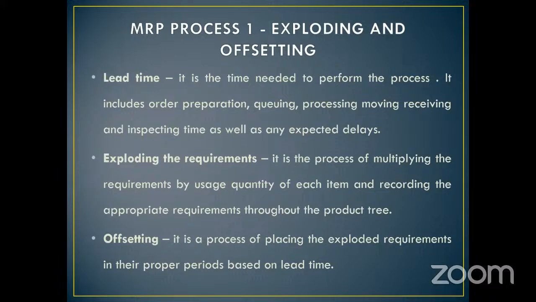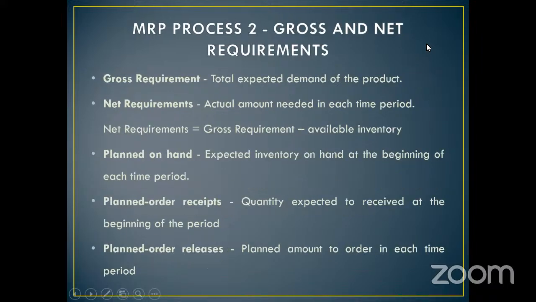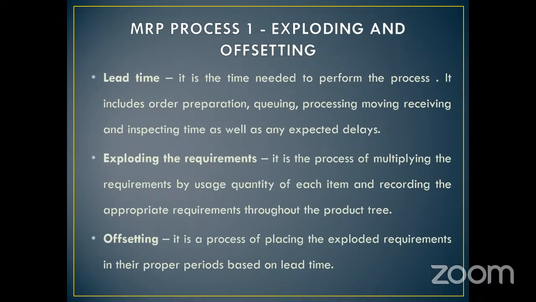Then coming down to the MRP process, right? The MRP process involves lead time, then exploding the requirement, then offsetting, all of which we discussed in the previous points. Lead time is very simple: when you order, after how many days the order will reach you.